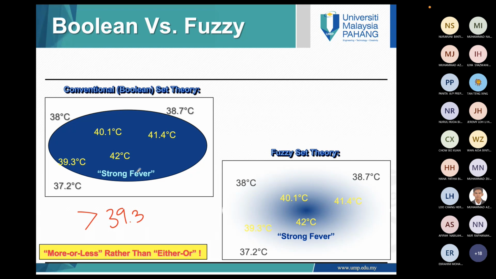Basically in fuzzy set theory, we take the value as more or less rather than either-or. Meanwhile, for the conventional set theory, if you had a 39.3 body temperature, you will fall in the strong fever group.